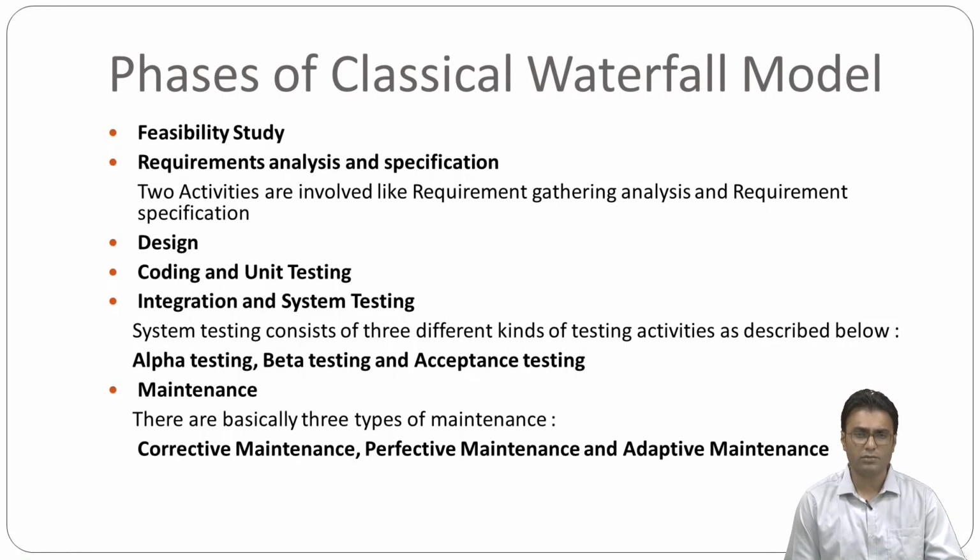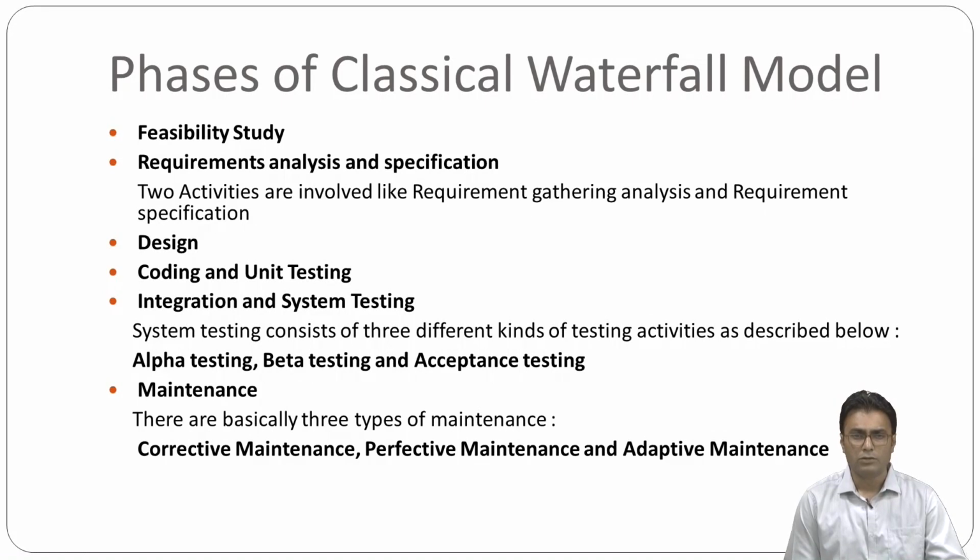Then the next one is integration and system testing, which is the fifth phase. So, here integration of different modules is undertaken soon after they have been coded and unit tested. Now, integration of various modules is carried out incrementally over a number of steps.